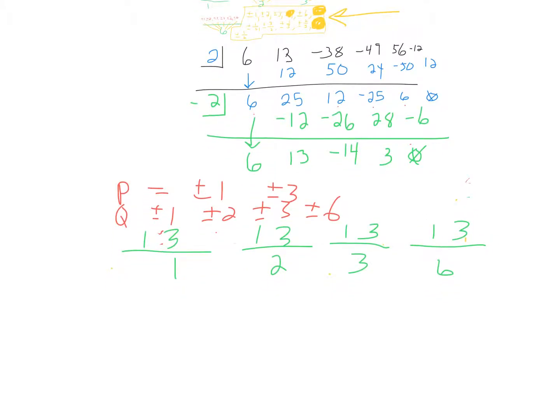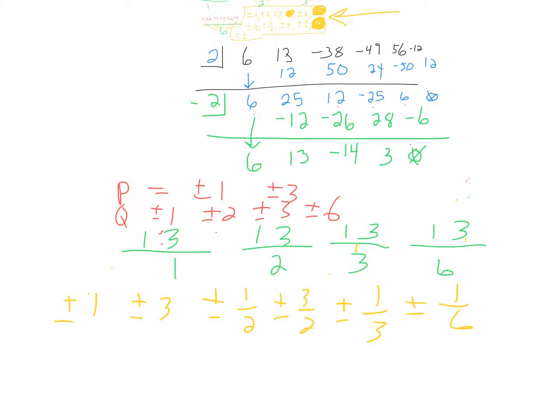All right, so here we go. Plus or minus 1, plus or minus 3, plus or minus 1/2, plus or minus 3/2, plus or minus 1/3. 3 over 3 is 1. We have plus or minus 1/6, and then we have a half here.